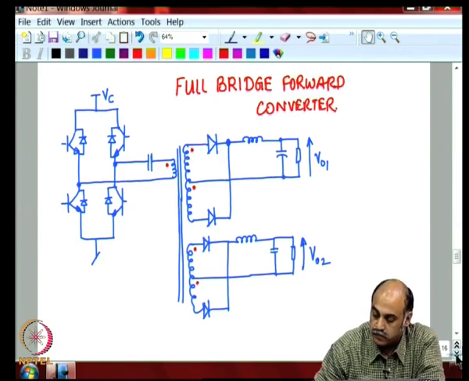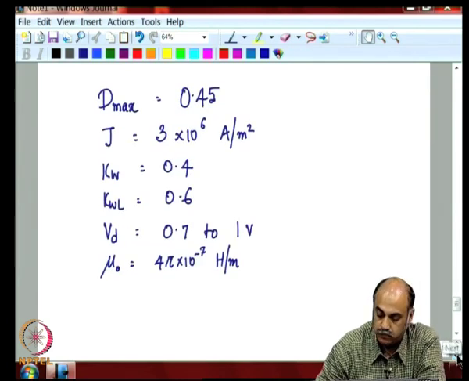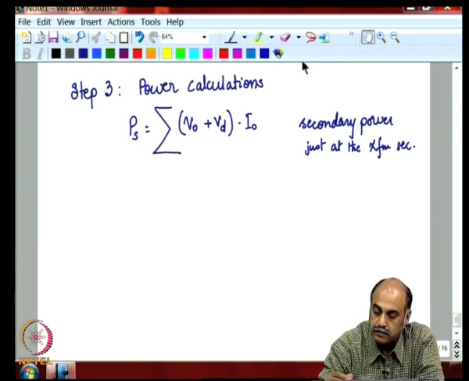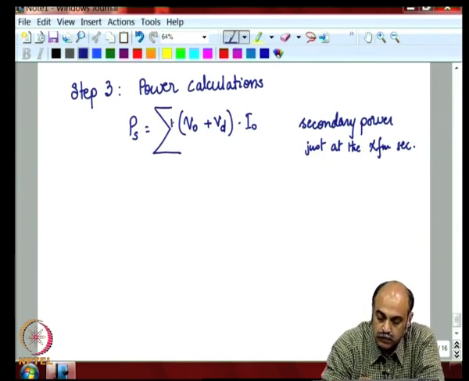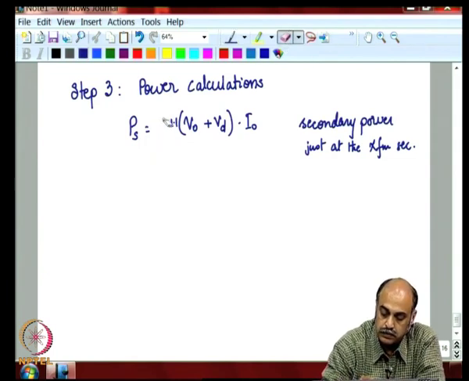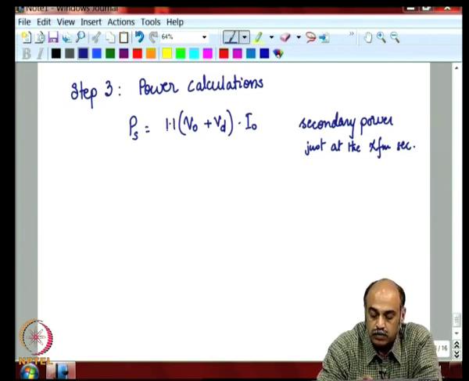You can account for them in a conservative way by giving some extra. So, let us say by giving 10% extra voltage more at the secondary.